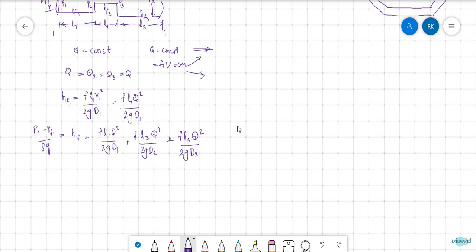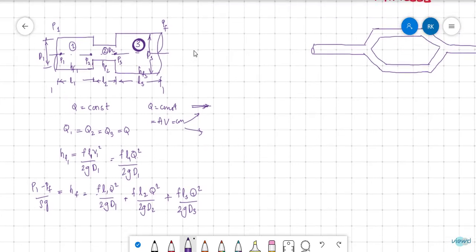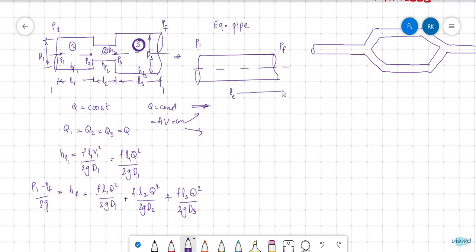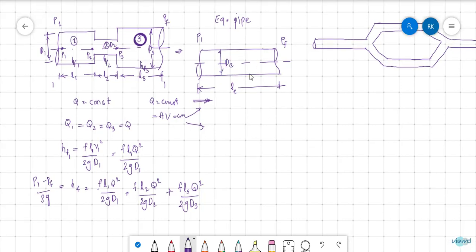And if we need to replace this with a single pipe having the same pressure loss, which means here P1 is present and here PF should be present, how much length should be maintained? I am calling it an equivalent pipe. So this is the equivalent length and this is the equivalent diameter. So how to find that?